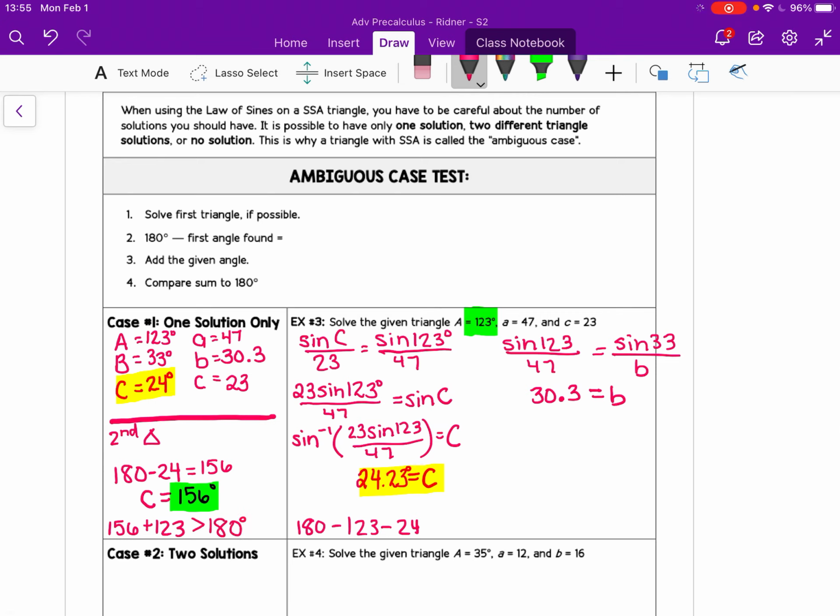Why does that matter? Because if it's greater than 180 degrees, it busts. When I say bust, I'm thinking of blackjack: if you go over 21, it's called busts. And so if it busts, it cannot be possible. So there is only one triangle for this example, hence one solution.